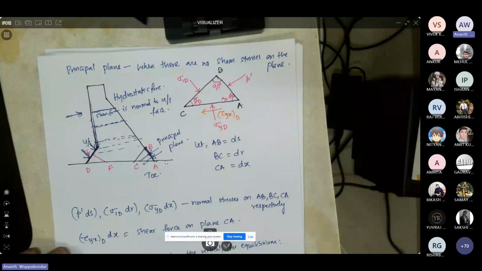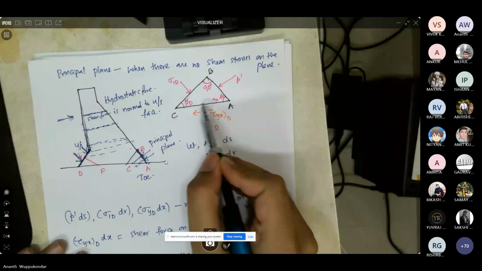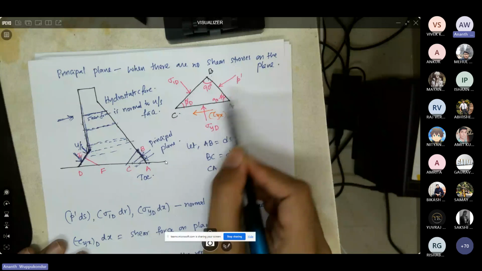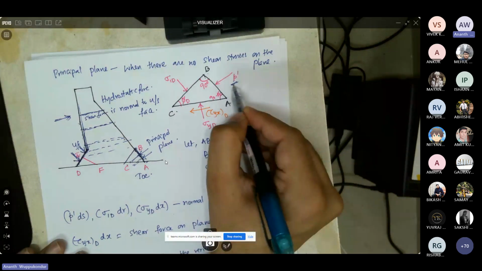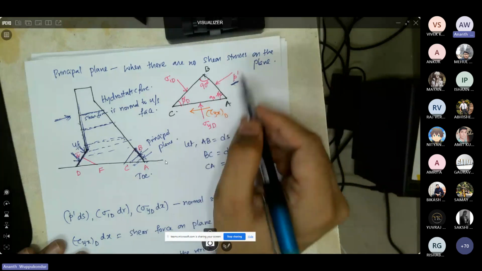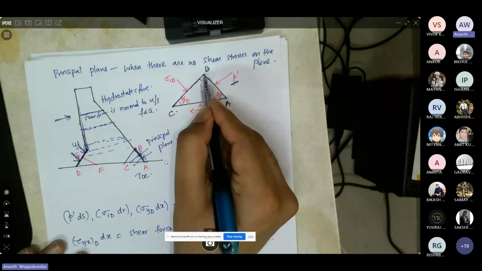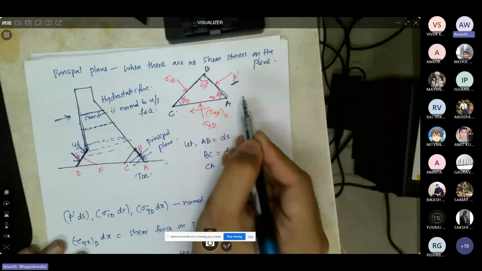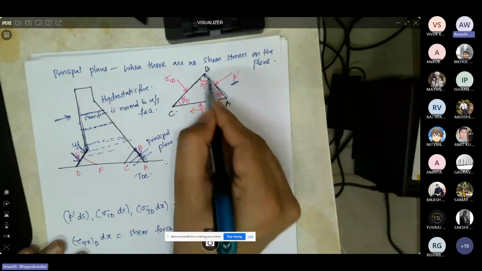I am showing that ABC here again. So this is the hydrostatic pressure acting on the face AB. Now there is a plane which is normal to this plane AB, at an angle of 90 degrees. BC is also a principal plane.